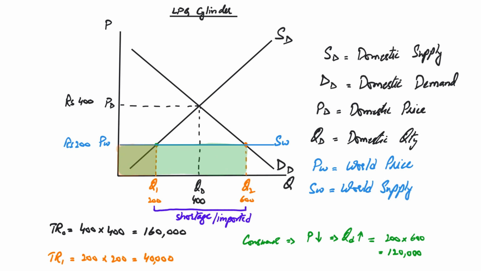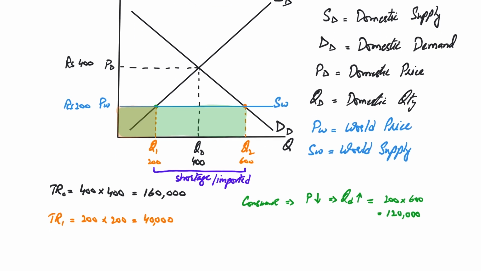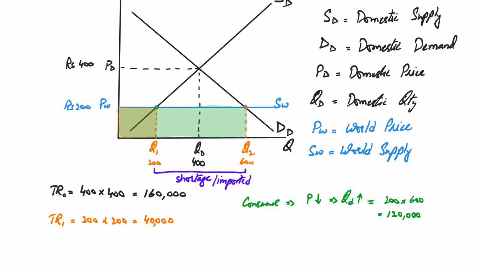Of this, इतना तो domestic producers को जा रहा है, और ये वाला जो area है, the light green, that basically tells के जो foreigners हैं, जो import हो रही है, वो हो रहे हैं 200 की प्राइस पे 400 यूनिट, so about 80,000.